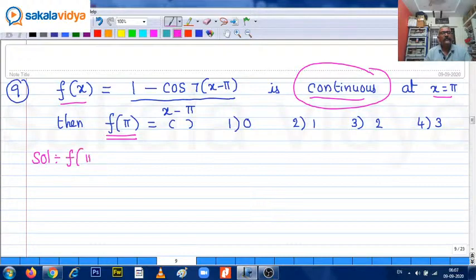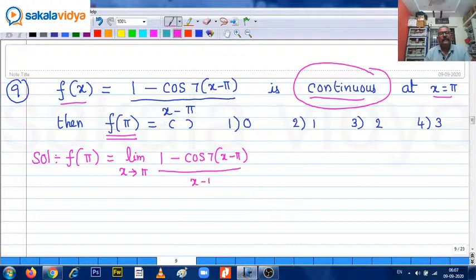F of pi equals limit x tends to pi of 1 minus cos of 7 times x minus pi upon x minus pi. Let us say x minus pi is equal to t. As x approaches pi, t approaches pi minus pi, which is 0.